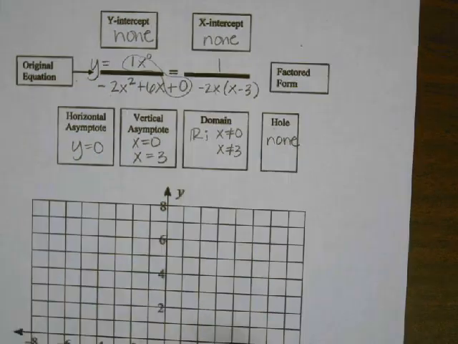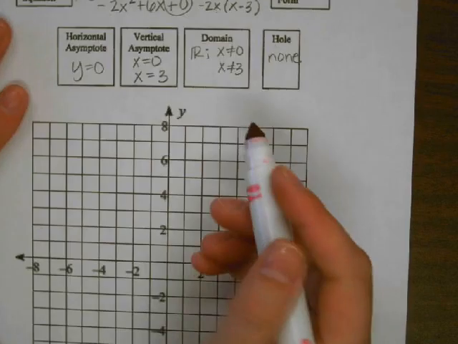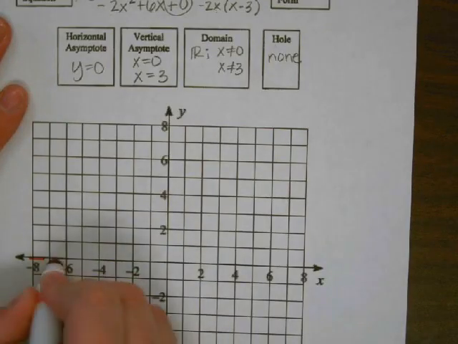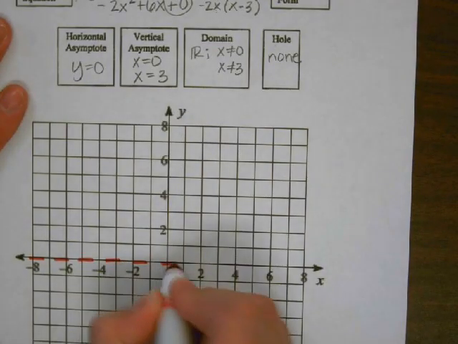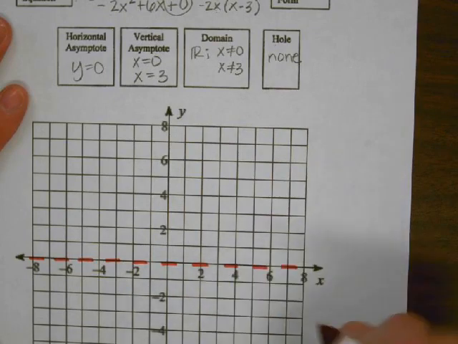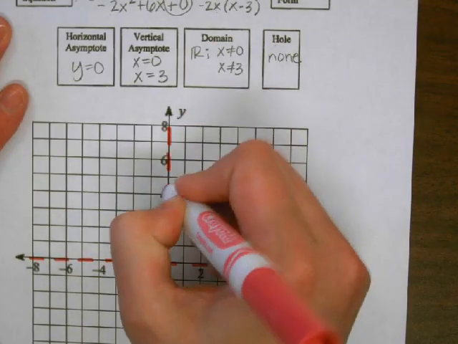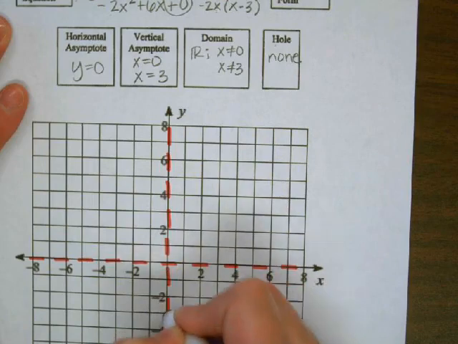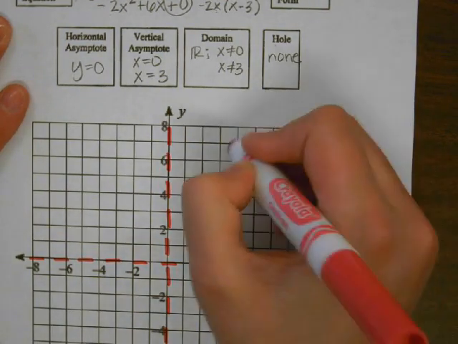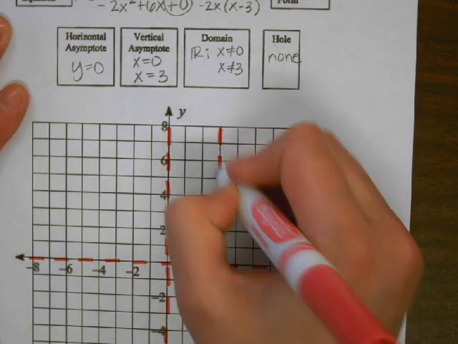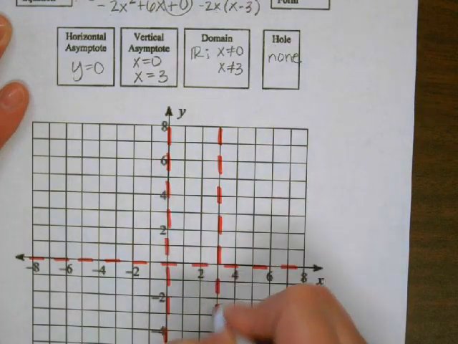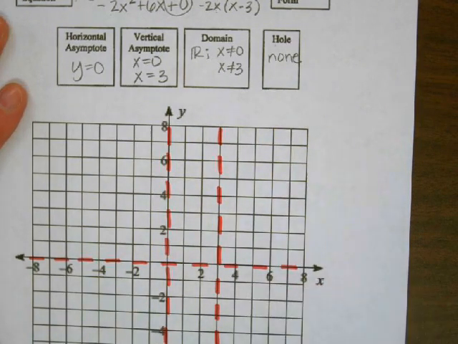Okay, so I'm going to go ahead and draw the things that I have, which is not much. So I've got this horizontal asymptote. I have a vertical asymptote at 0 and 3. That's it.